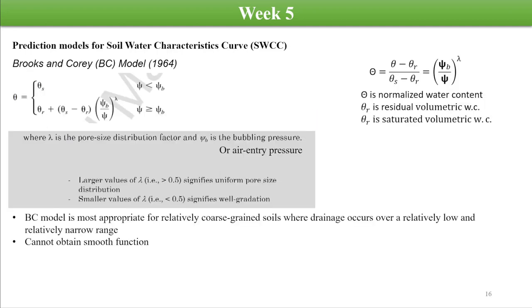This function says that the volumetric moisture content theta at a particular time is equal to theta s when the suction value is less than the air entry pressure or the bubbling pressure, psi b, right?